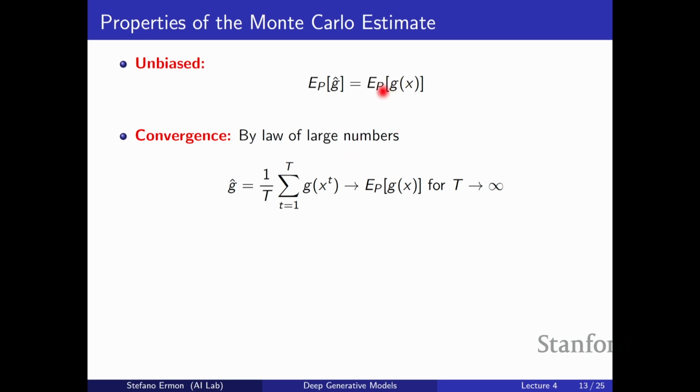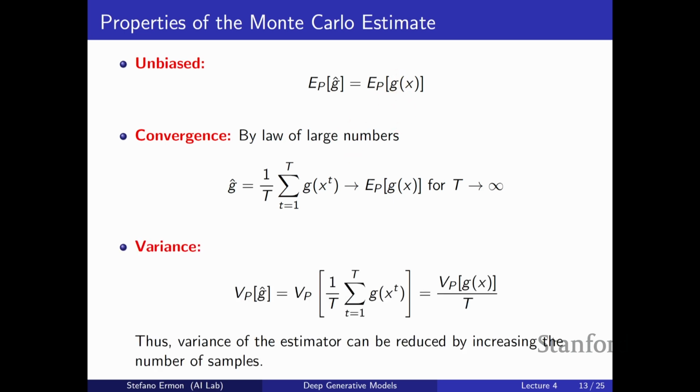The variance also goes down as the number of samples increases. So you have a random variable that in expectation gives you the answer you want, and as you increase the number of samples, its variance becomes smaller and smaller, which means your approximation becomes more and more reliable. You are less likely to have an estimate that is wildly off.